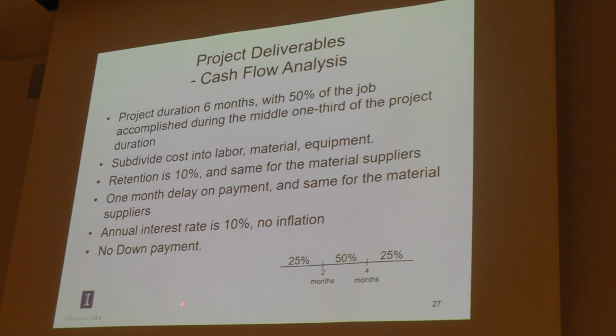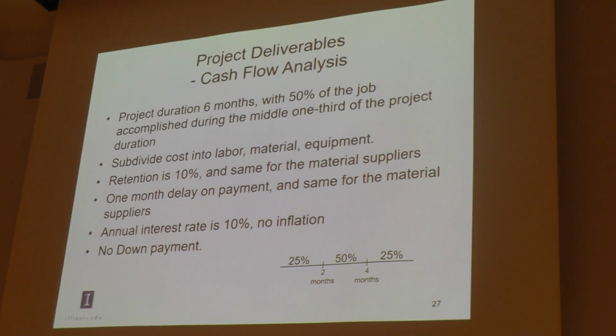And again, we are considering cost as labor, material, equipment. We have an assumption here listed in the project handout saying the retention is 10%. So you get 10% less from your contractor every month. And you also pay 10% less for your material supplier.